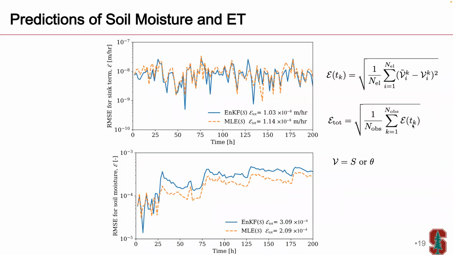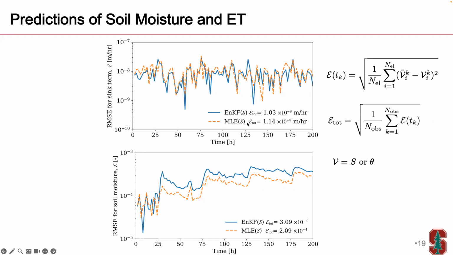And we can quantify the errors in these estimators by computing the relative error and root mean square error, for the sink term and for the soil moisture.